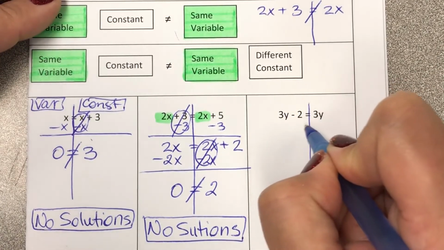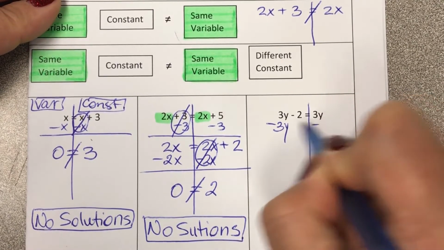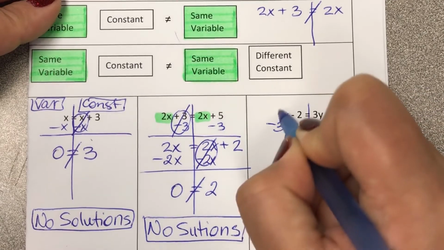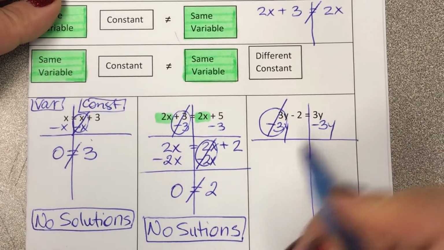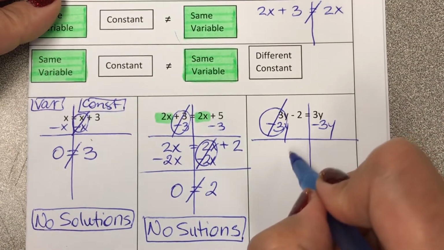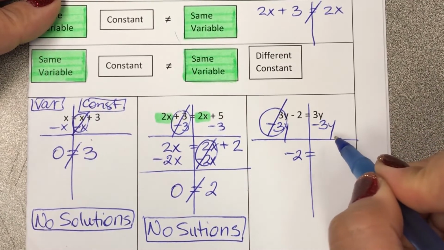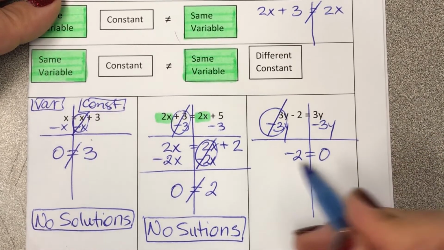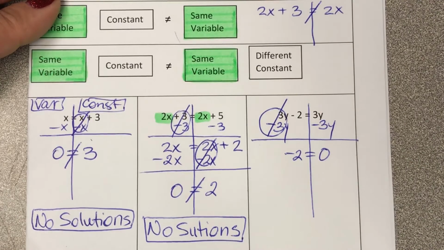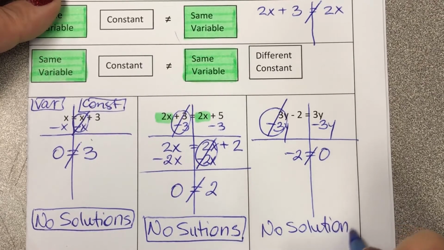I will try to remove the variable term from one side, and being identical, it will remove it from the other as well. So 3y minus 3y will be 0, and then negative 2 on one side will equal 3 minus 3y, which is 0 on the other. Negative 2 does not equal 0. That's a false statement, so no solutions.